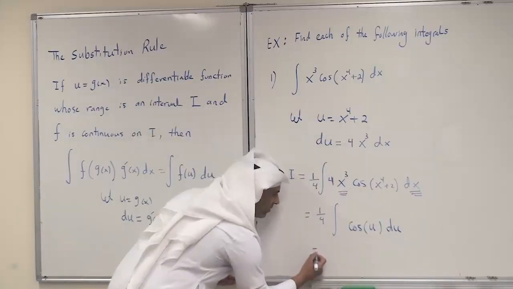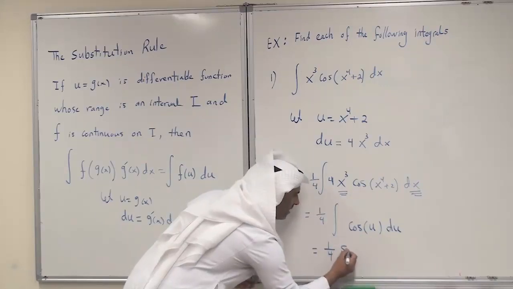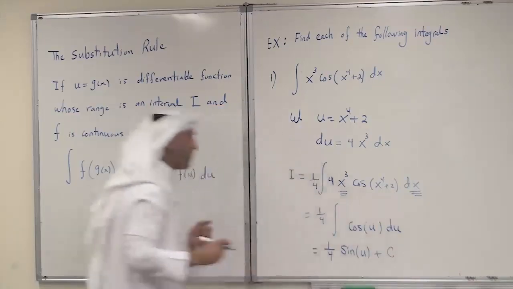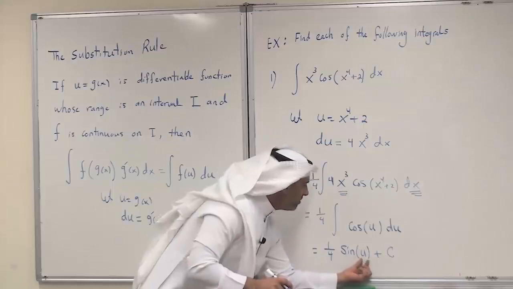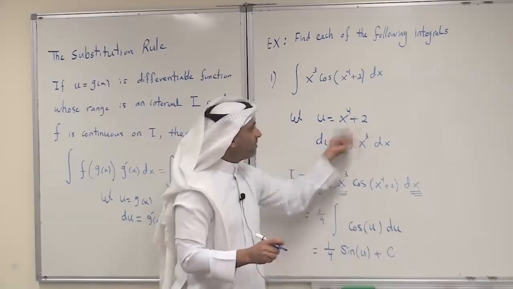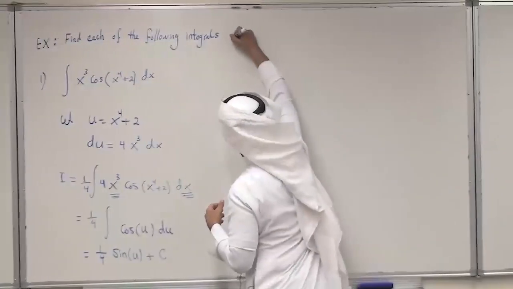Now what is the integral of cosine? As we did before, the integral of cosine is just sine of u plus a constant of integration. Now we are integrating with respect to x, and the answer is in terms of u. We need to go back and resubstitute the value of u, which is x to the 4 plus 2. So, substituting back, we get the answer for the original integral.